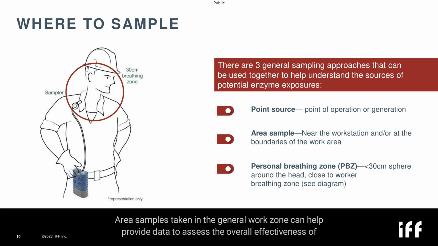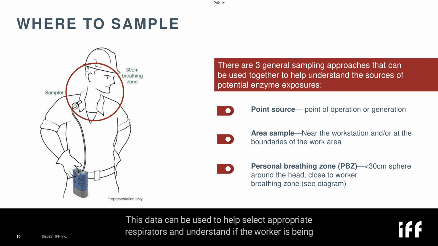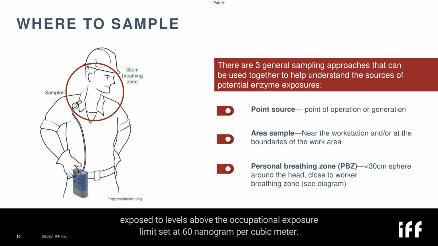Area samples taken in the general work zone can help provide data to assess the overall effectiveness of controls. Finally, personal samples are placed near the worker breathing zone and are used to monitor personal exposures. This data can be used to help select appropriate respirators and understand if the worker is being exposed to levels above the occupational exposure limit set at 60 nanogram per cubic meter.